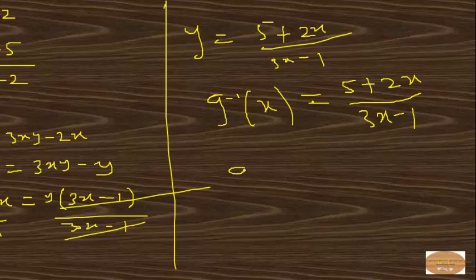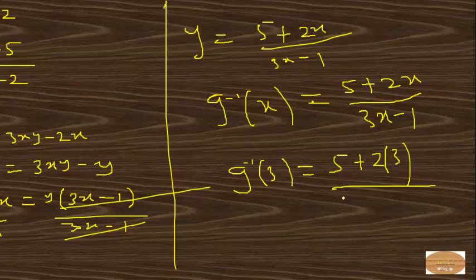We are going to find the image of 3 under this. So it means you are going to replace x with 3. So where you see x, you put 3 there. So we have 5 plus 2 times 3 over 3 times 3 minus 1.